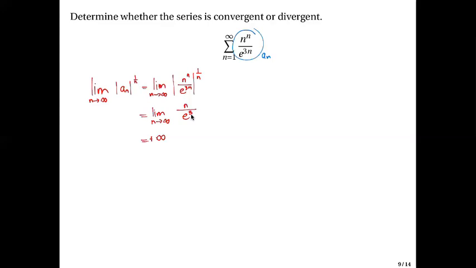Okay? Numerator goes to plus infinity. So this is plus infinity. So the series n to the n over e to the 3n, from 1 up to plus infinity, is divergent by root test. Okay?